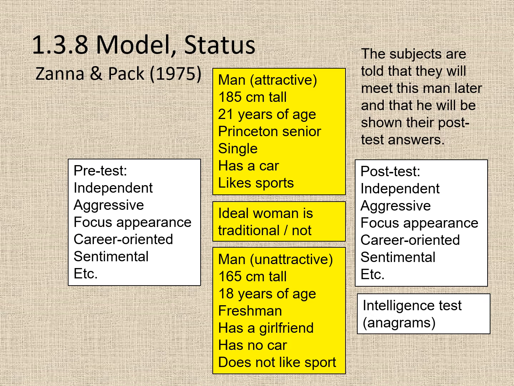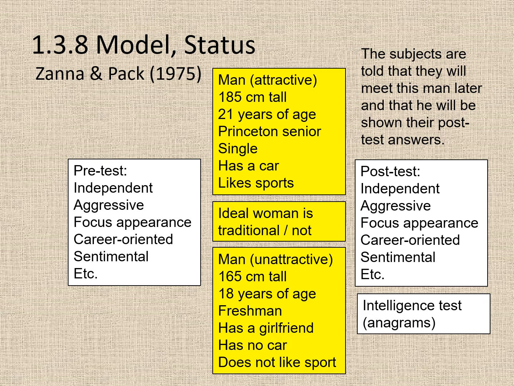After that, they get information about the man they're going to meet later on. And sometimes, and I didn't decide this, the man is seen as attractive. It's a tall man, a bit older than themselves, Princeton senior, single, no girlfriend. He has a car. Okay, this is the 1970s in the States.